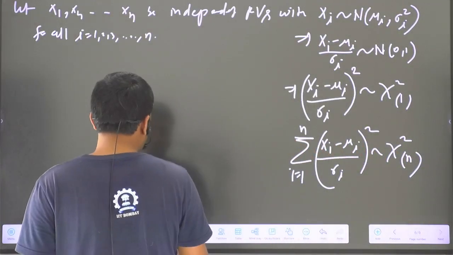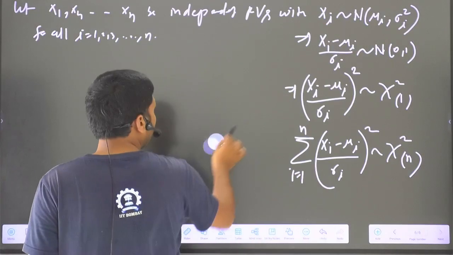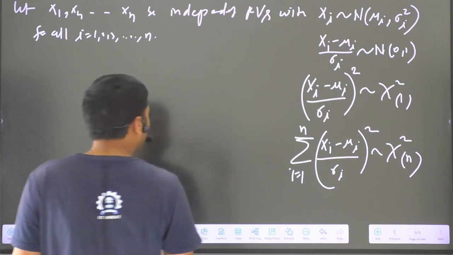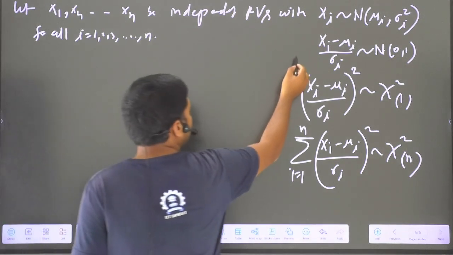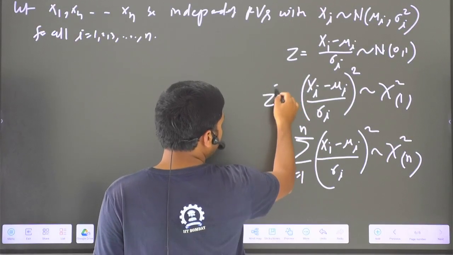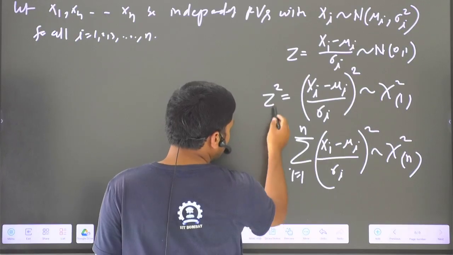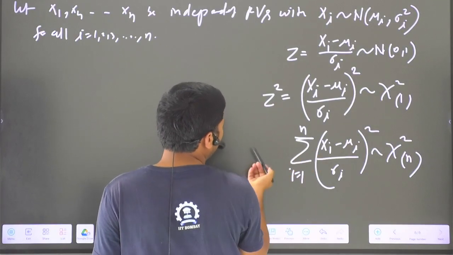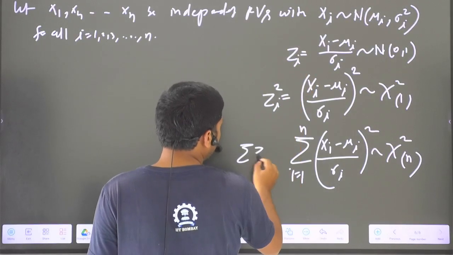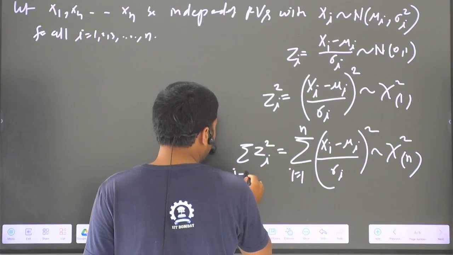You may name it something. For example, let's say this was z, this is z square, and this is just summation zi square.